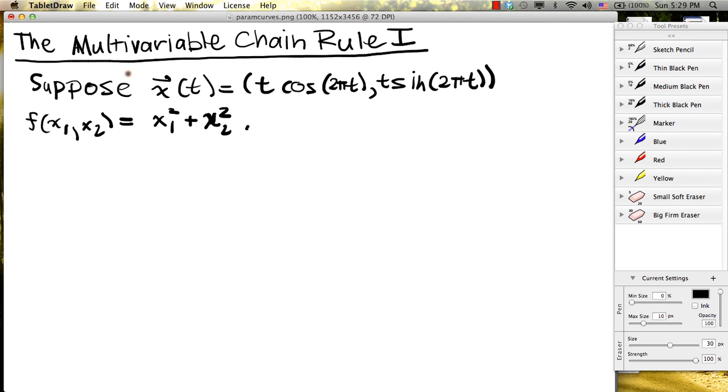Well, we can compose these, just like we have seen that we can compose multivariable functions.